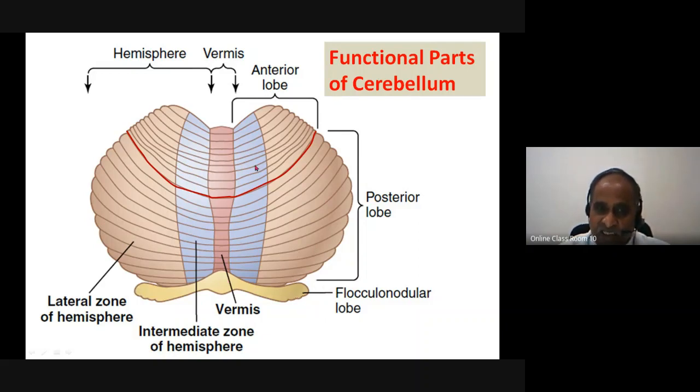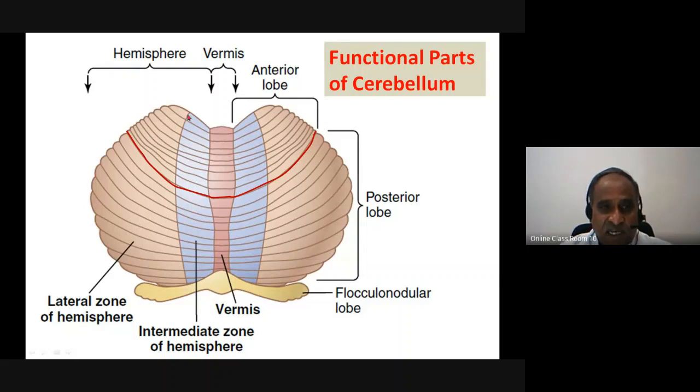And the central part, the area between the vermis and this area, is the intermediate part or intermediate zone of the cerebellum. This is the central vermis and intermediate zone, and these two put together are known as the spinal cerebellum.